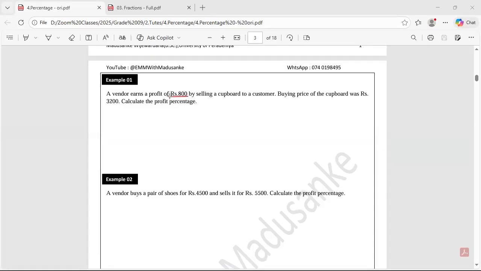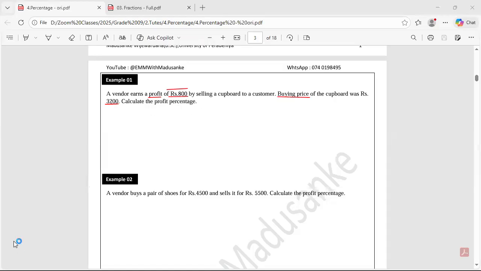The buying price of the cupboard was 3,200 rupees. I am going to highlight it. Calculate the profit percentage.